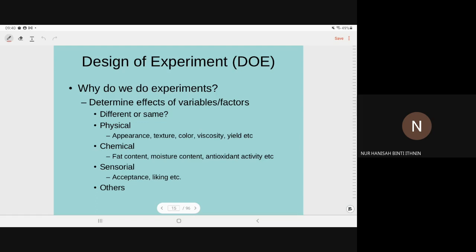So what is the difference between us and them? The difference is in science. We are doing science, they are not doing science, they are doing art. So what is the difference between science and arts?